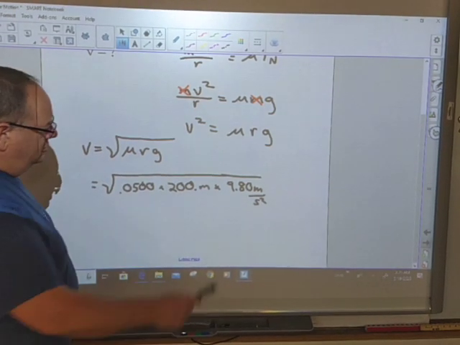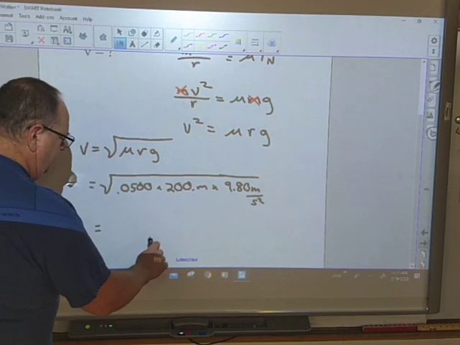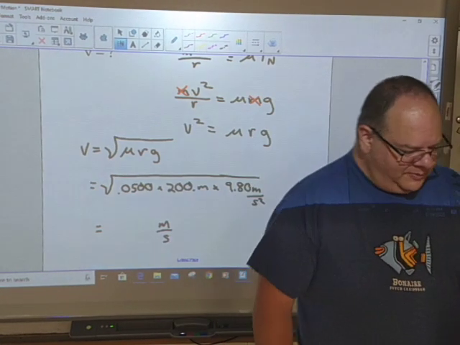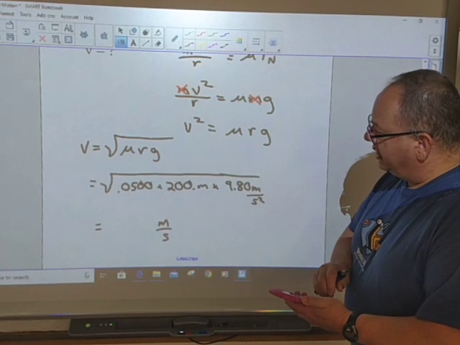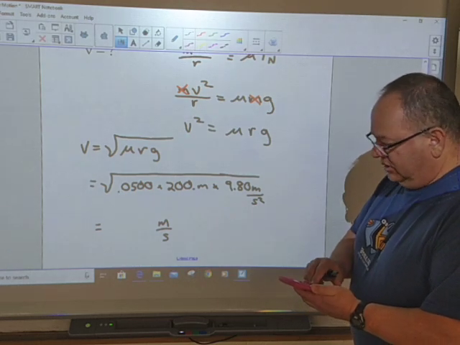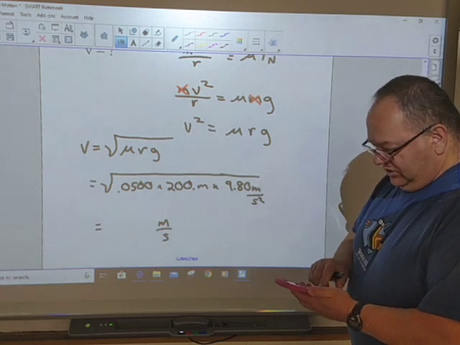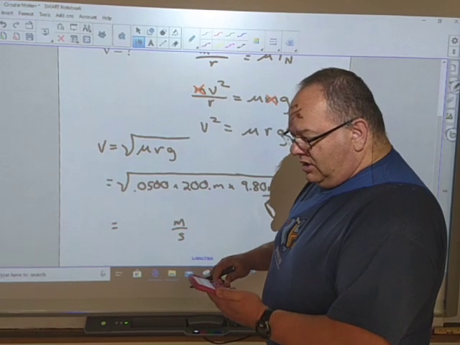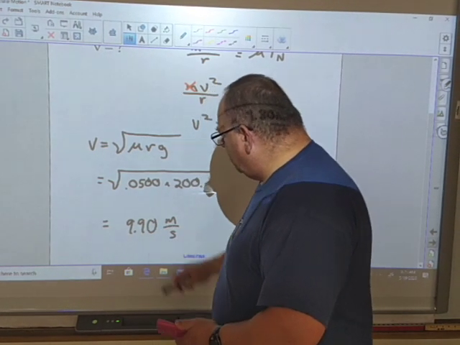If I look at my labels, I'm going to have meter squared on top, second squared on the bottom. When I take that out of a radical, that's meters per second. Feeling pretty good about this. Square root of 0.05 times 200 times 9.80, close parentheses, enter, and this tells me 9.899, so I guess that'd be 9.90 meters per second.